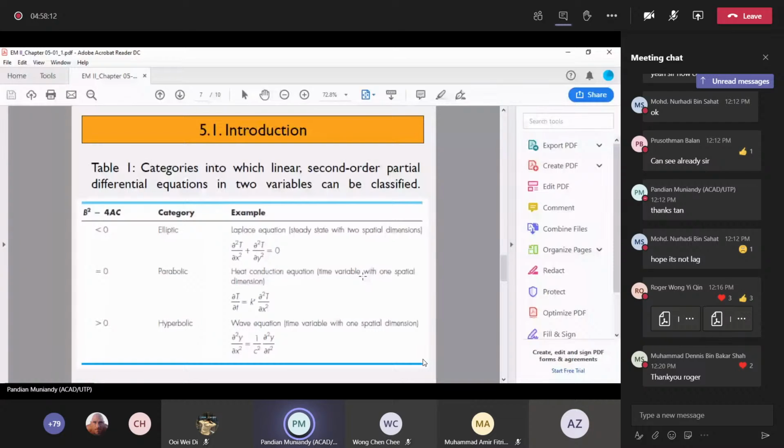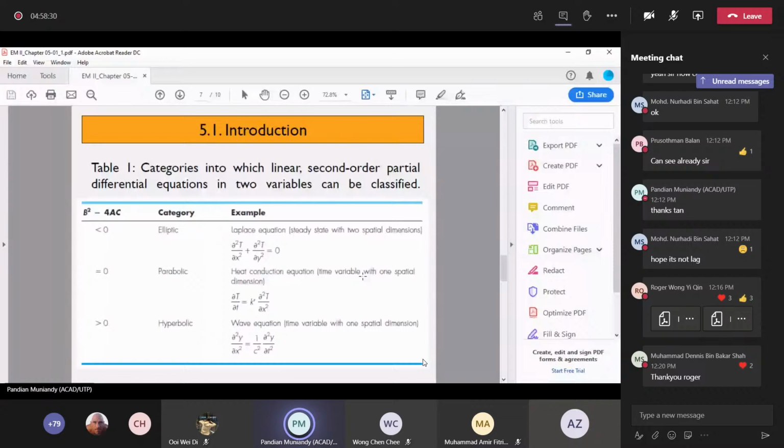One is complex roots, the other is equal real roots, the other is two distinct real roots. So similarly here, if b squared minus 4ac is less than 0, then it becomes elliptic.